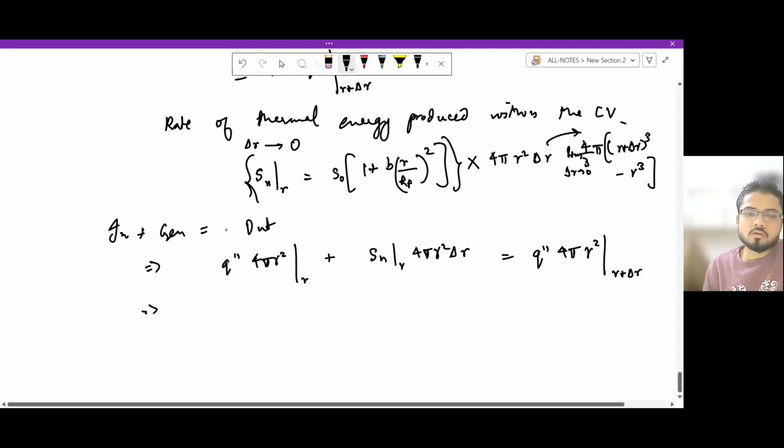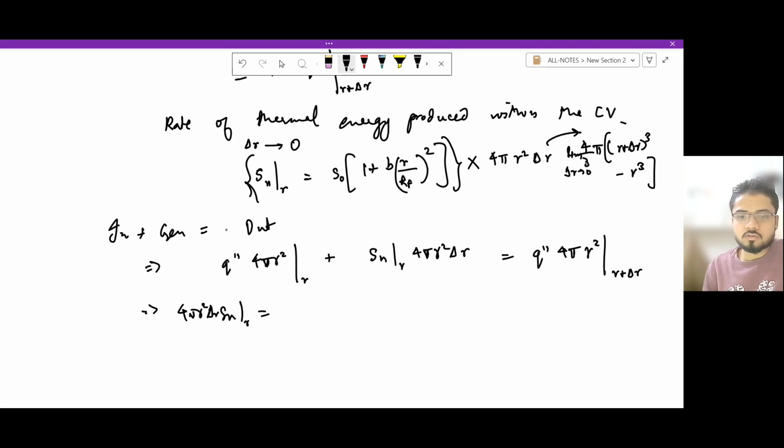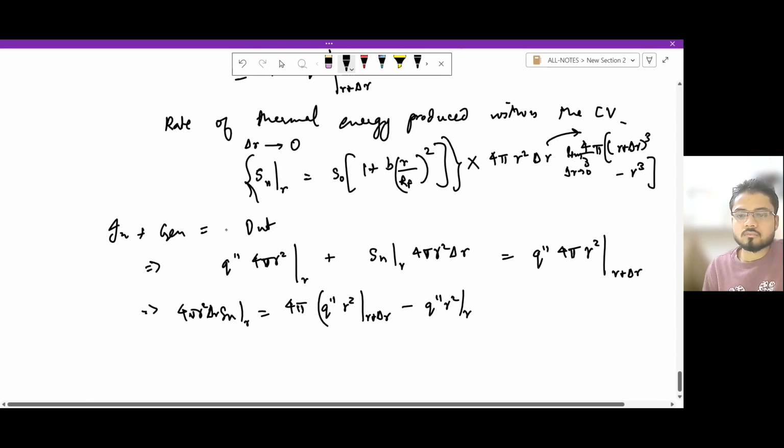All right. So S n r times 4 pi r squared del r is equal to q double prime 4 pi, we can take it outside, r squared at r plus del r minus q double prime r squared at r. And now what you could do is cancel this 4 pi.